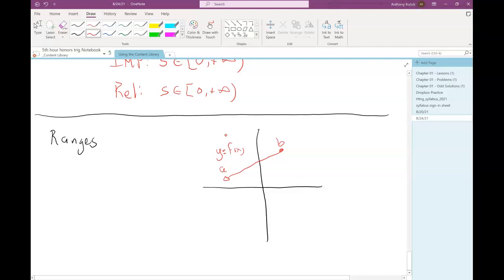Everybody's okay with that? Just like it's uphill. And let's call that guy g of x. g of x would be decreasing, again because as you walk from left to right across the function, it's going down. Everybody's okay with that?